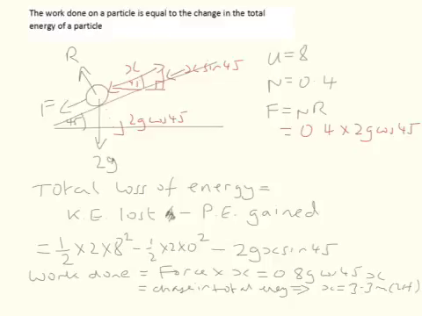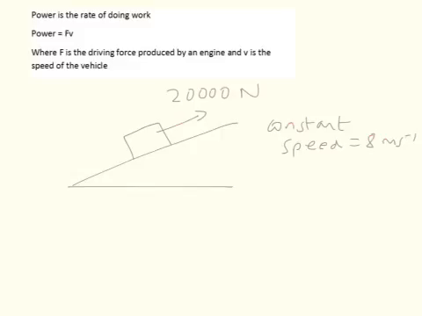Probably a good idea if you're going to set this out not to squash it in like I have, but to actually write down that equals that and then solve the equation. You'll find it's 3.3.